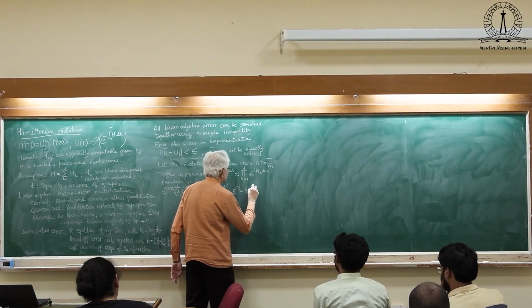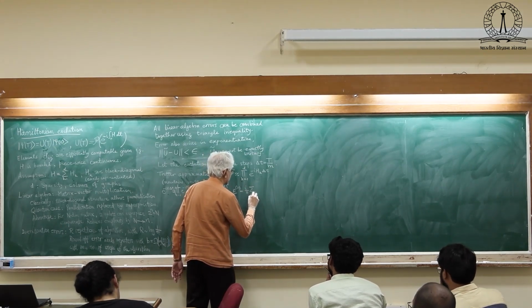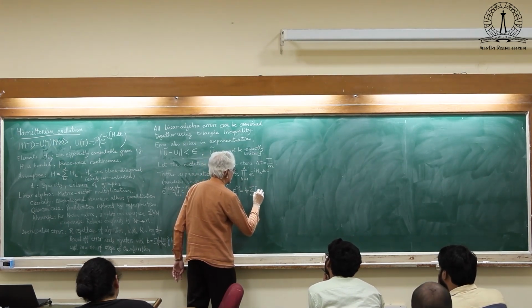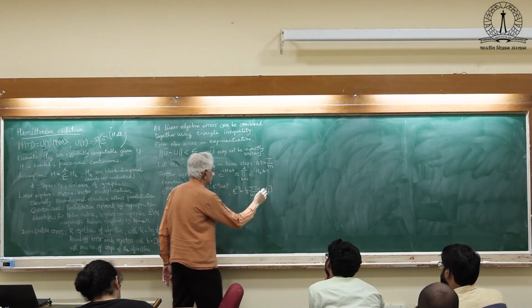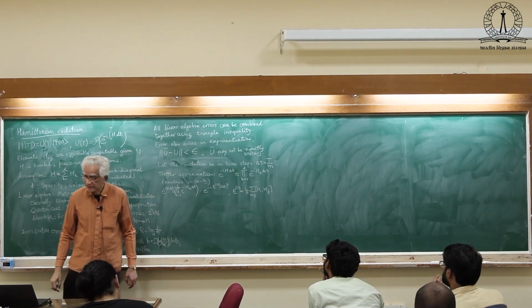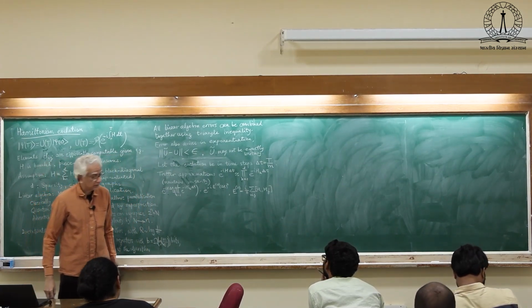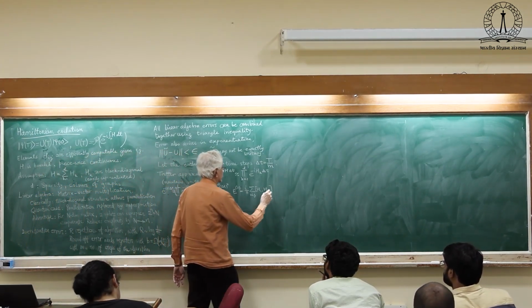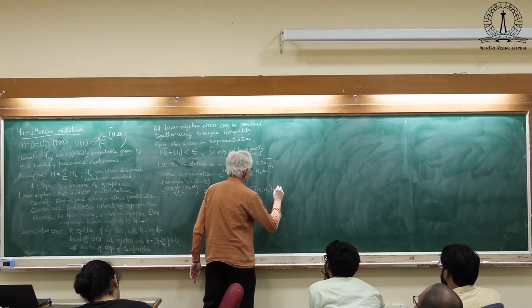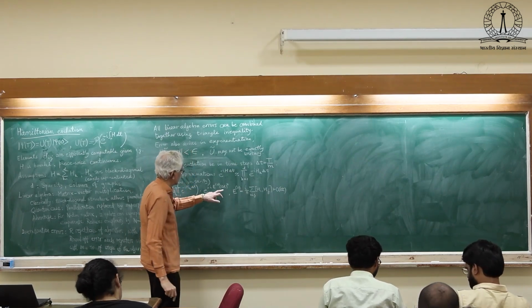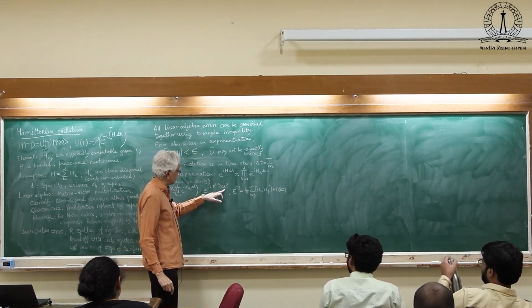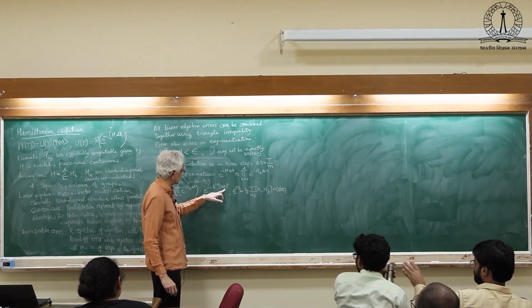and it has a form i by 2 sum over i less than j of commutator h_i, h_j. These are the two pieces of the Hamiltonian which don't commute, and of course this is not restricted to only delta t squared.